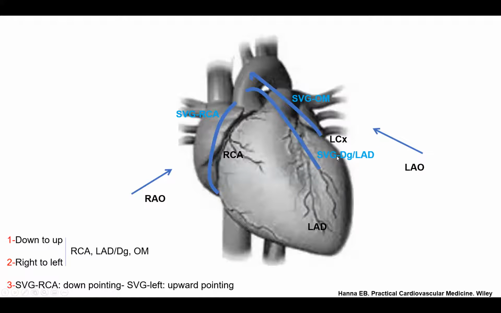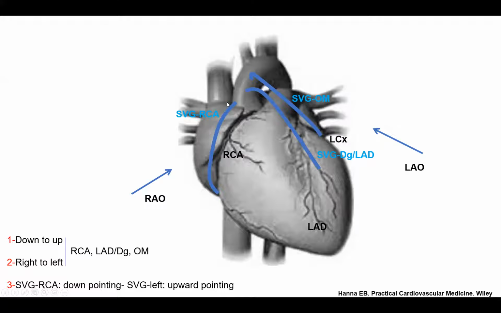Graft to the right, to the diagonal LAD system, and to the OM system. And there are 3 ideas underlying those grafts. Down to up, you have graft to the right, graft to the diagonal LAD, then graft to the OM. Right to left, again, graft to the right, diagonal LAD, and OM.